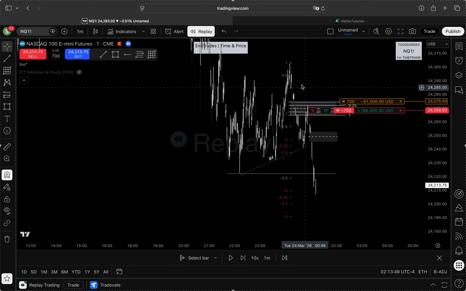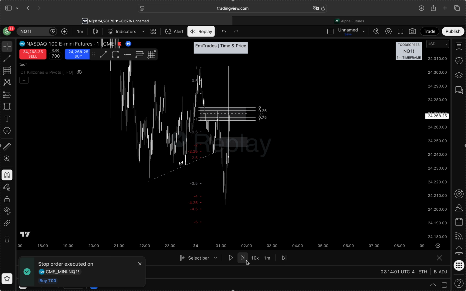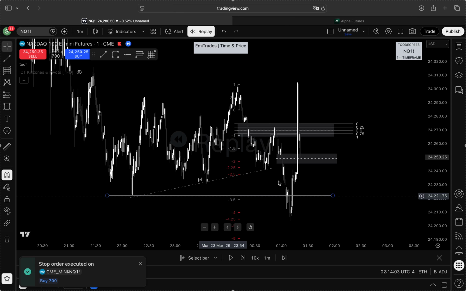Once we do end up sweeping our opposing liquidity, being this form of sell side, price is going to want to come back urgently to rebalance this first quadrant of this gap, which you can see we end up doing pretty precisely.